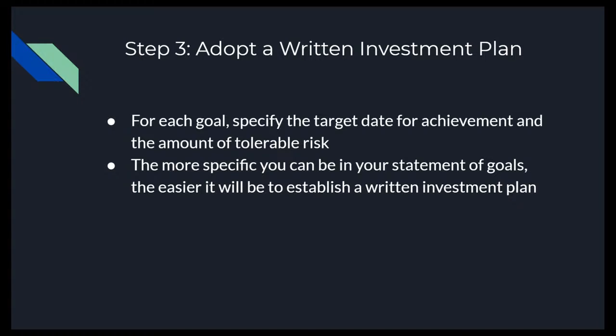Writing an investment plan. For each goal, specify the target date for achievement and the amount of tolerable risk, right? The more specific you can be in your statement of goals, the easier it will be to establish a written investment plan. Obviously young investors have a much higher risk tolerance.